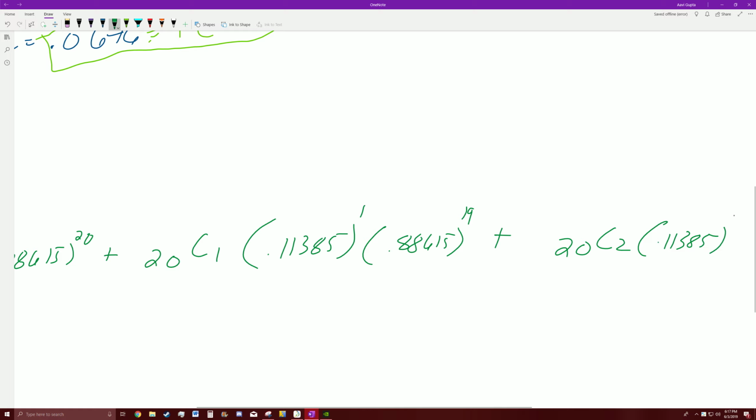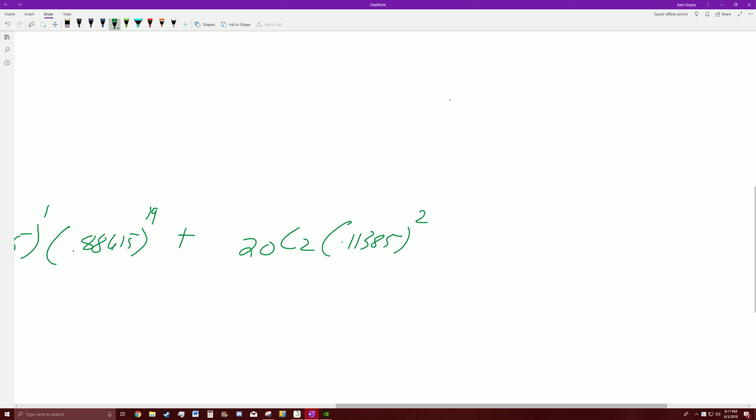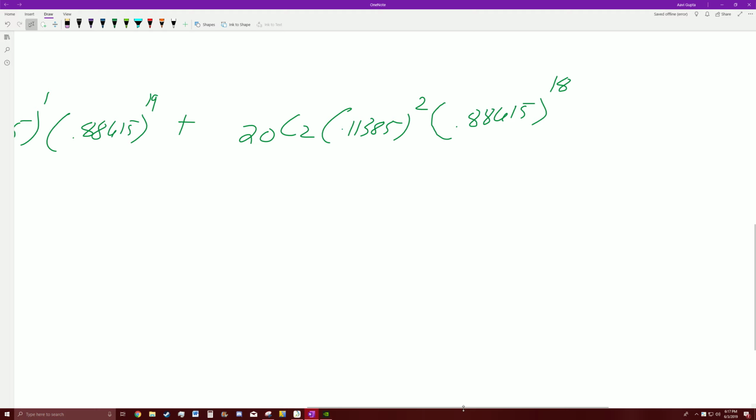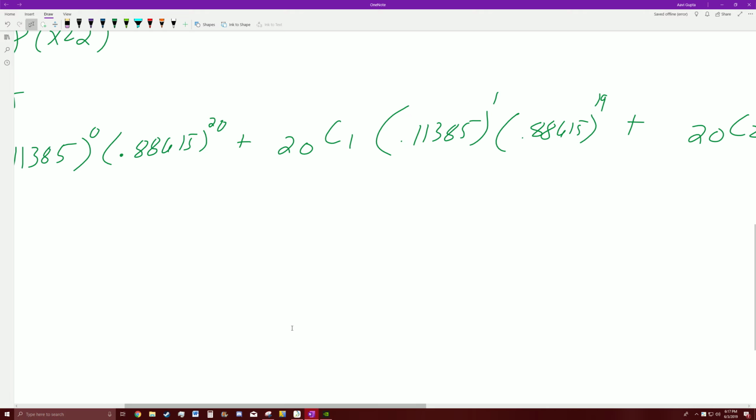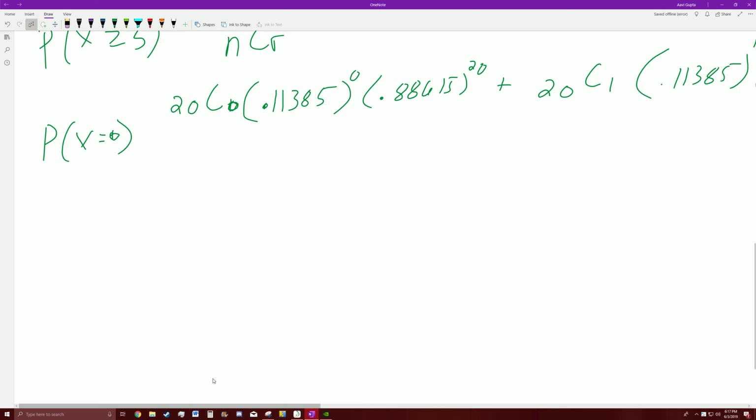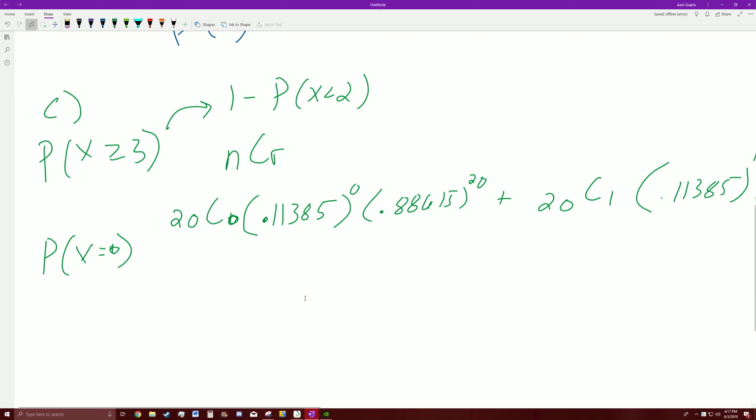Plus 20 choose 2, 0.11385 squared, times 0.88615 to the 18th. I'm going to zoom out a smidge. Nope, never mind, it doesn't work. Okay, so now this is going to give me this expression right here.